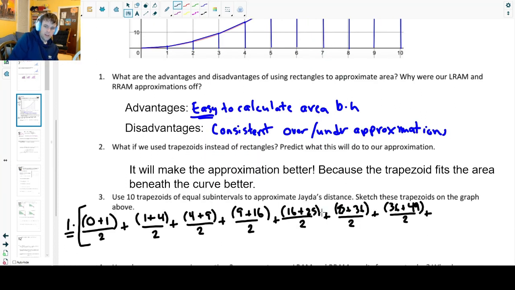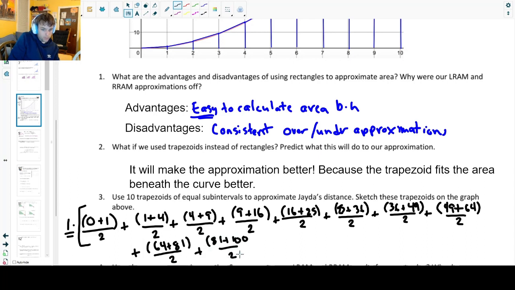Okay, and then moving on, we should have a few more intervals. 49 plus 8 squared, 64, over 2, plus 64 plus 81 over 2. And then finally, I think this is our last one, 81 plus 100 over 2.